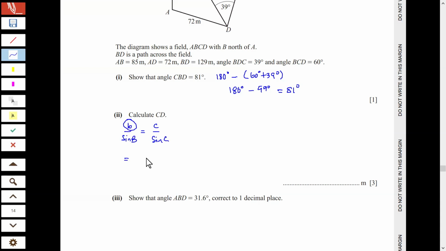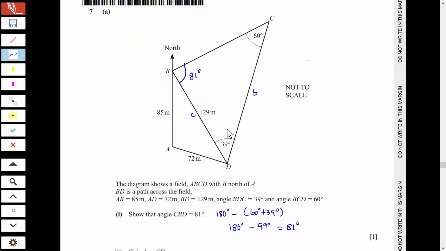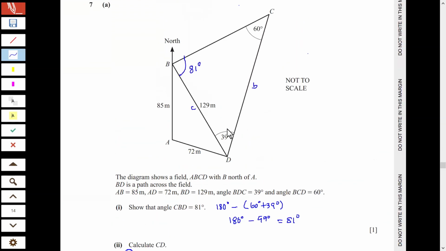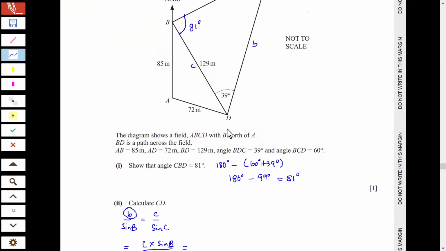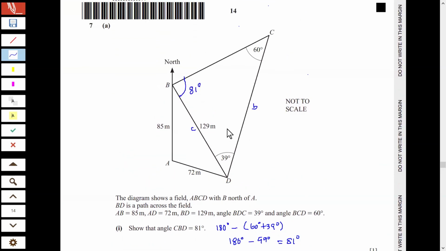That is c times sine B over sine C. The value of c is 129, so we have 129 times sine B, where sine B is sine 81, over sine C, and sine C is sine 60.